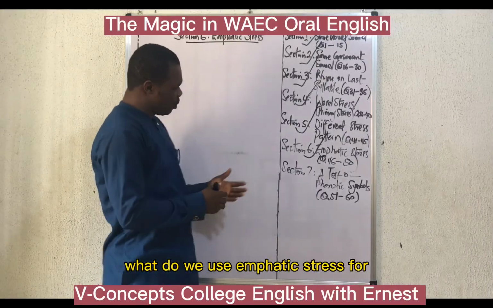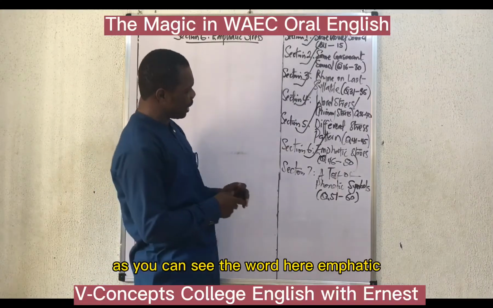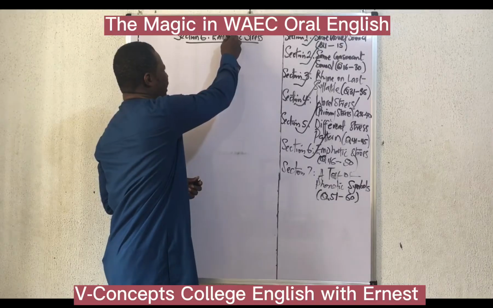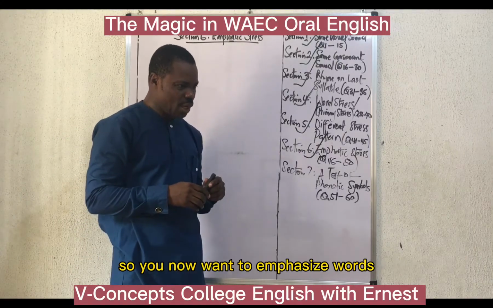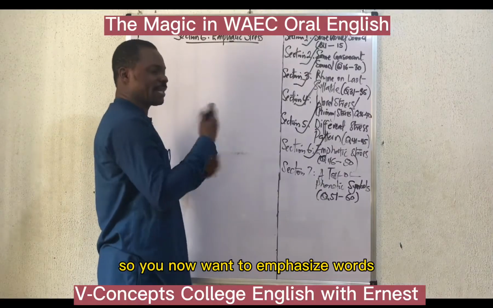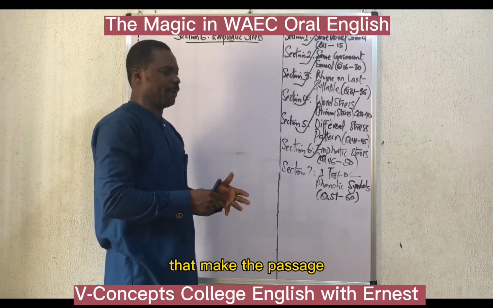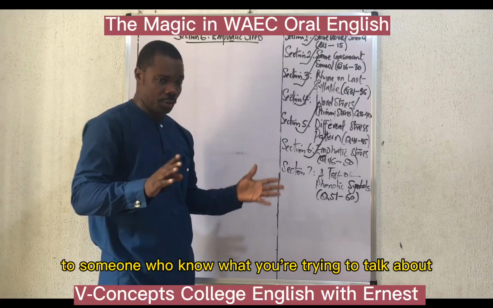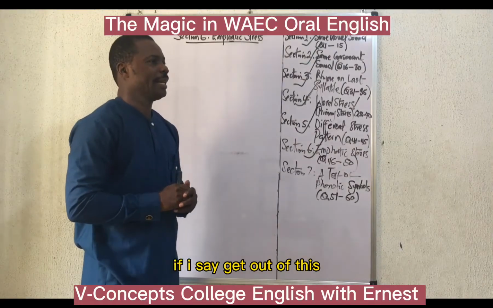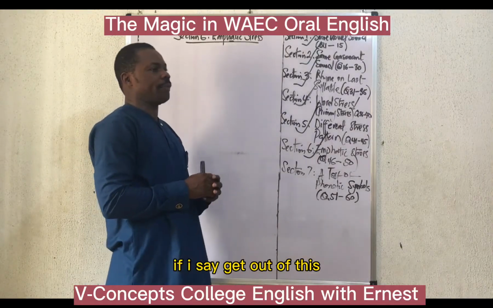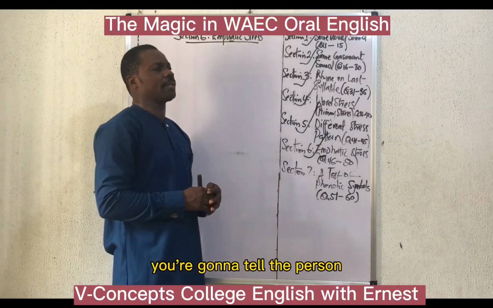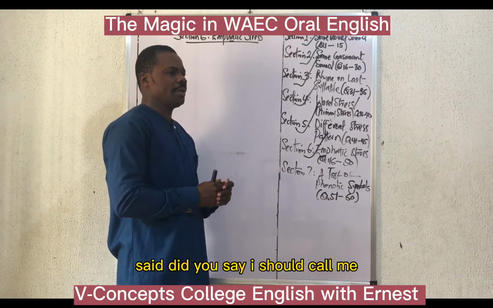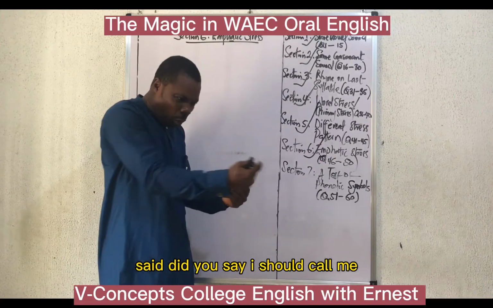Now, what do we use emphatic stress for? As you can see from the word here, emphatic. It's like when you are talking with someone and the person is not getting what you are saying, so you want to emphasize a word that will make the person quickly know what you are trying to talk about. Like if I say, get out of this place. Then the person says, did you say I should come in?